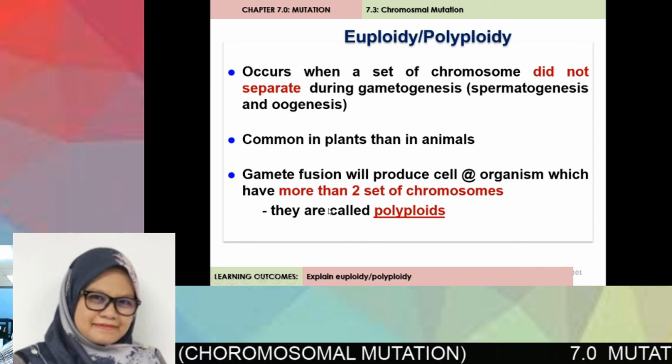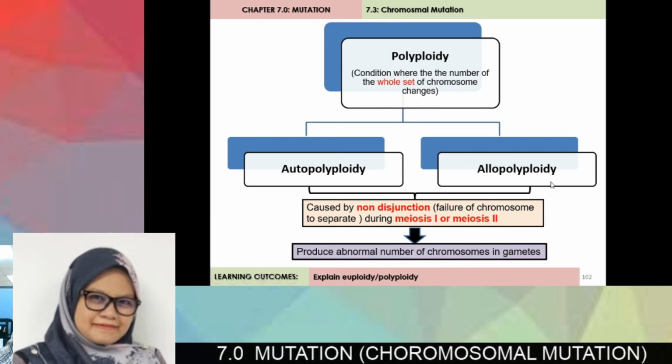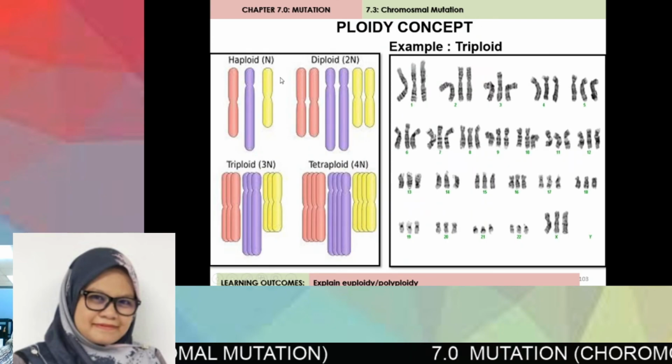So ada dua. Okay, autopolyploidy and allopolyploidy. These both is caused by the non-disjunction in meiosis 1 or meiosis 2, so produce abnormal number of chromosome in gamete. So here is the haploid set, and then this is diploid set.